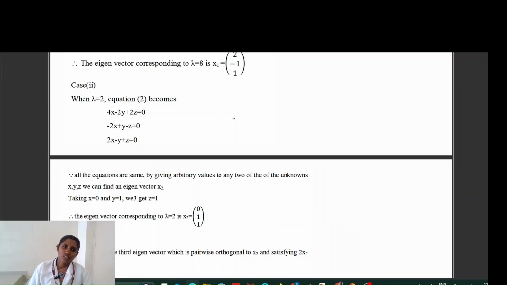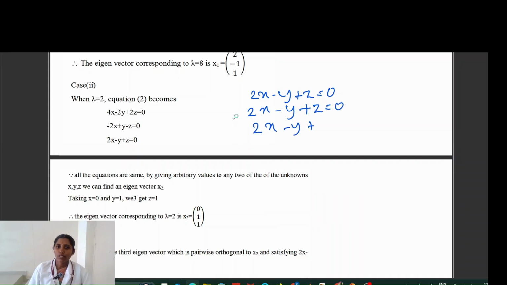By seeing these, the three equations are the same. How? When I divide the first equation by 2, I get 2x minus y plus z equal to 0. When I multiply the second equation by minus 1, I get 2x minus y plus z equal to 0. The third equation is 2x minus y plus z equal to 0. Here the three equations are the same, so we cannot apply the cross multiplication rule.